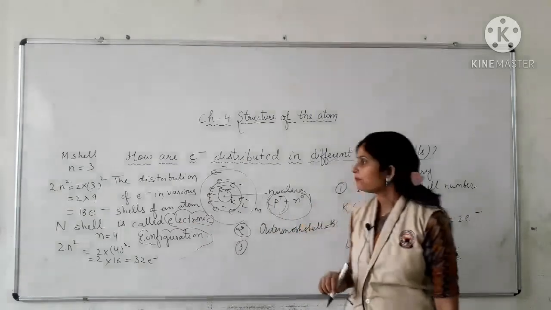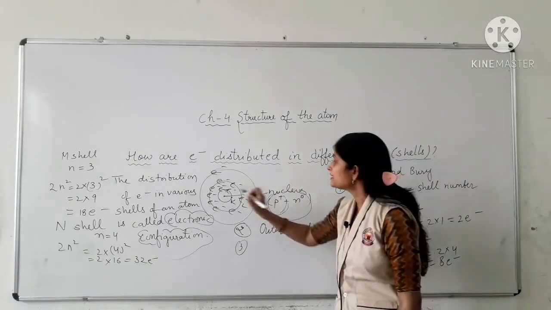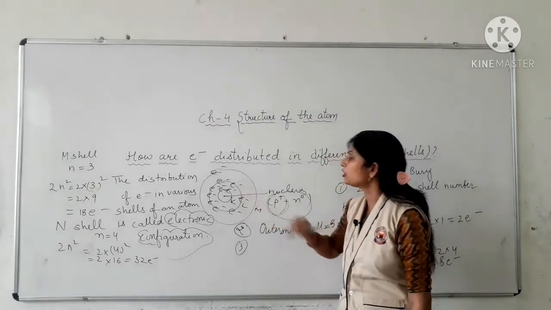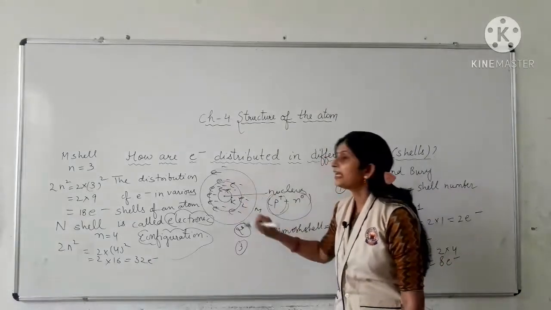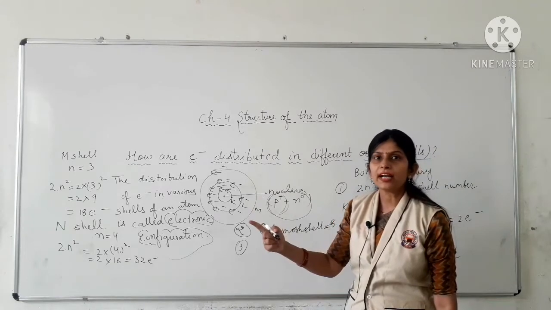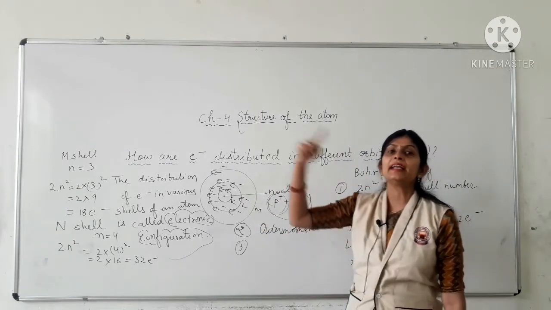It means first they completely fill K shell, then remaining electrons will move to the L shell, then they completely fill L shell, and if there are more electrons, then they will go in M shell and then in N shell.